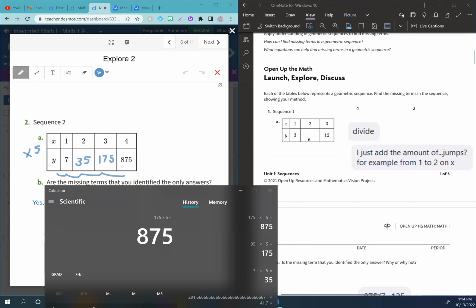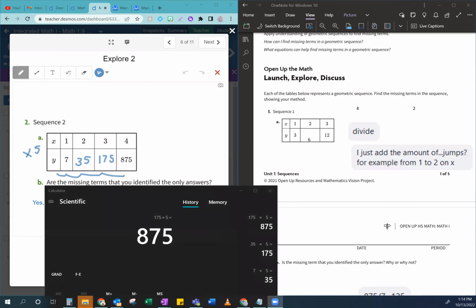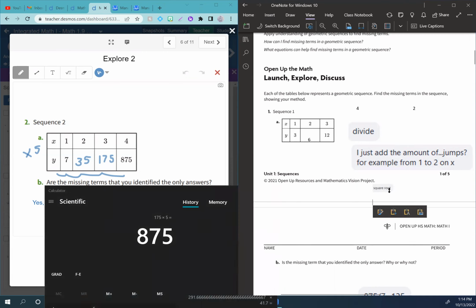So hold on. We've got to write that square root thing down. It's square root, kind of, I guess I should say. So it's square root for this one. But I wonder if it's going to be square root every single time. Yes.